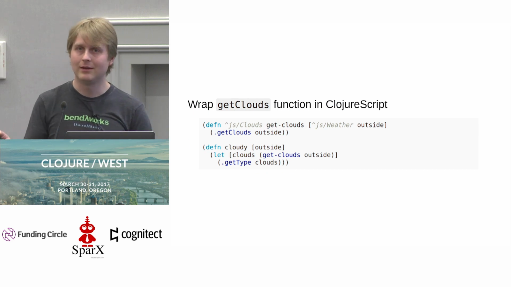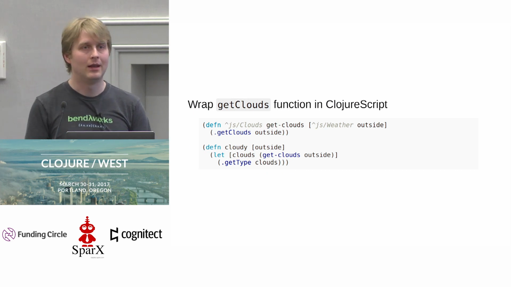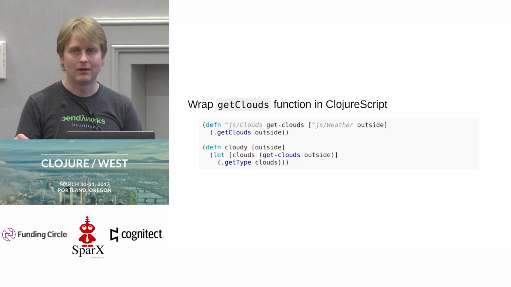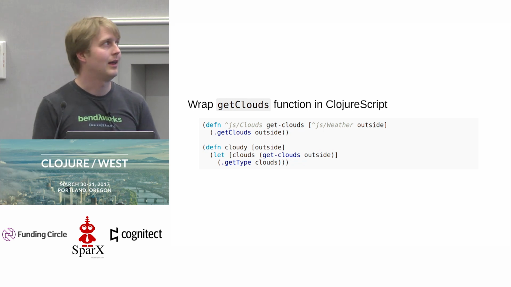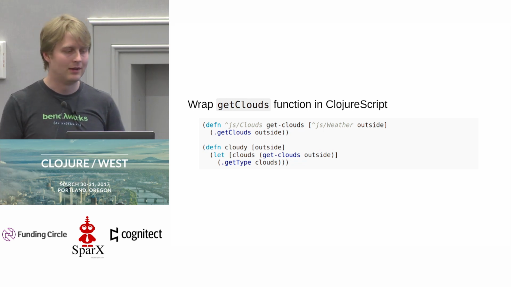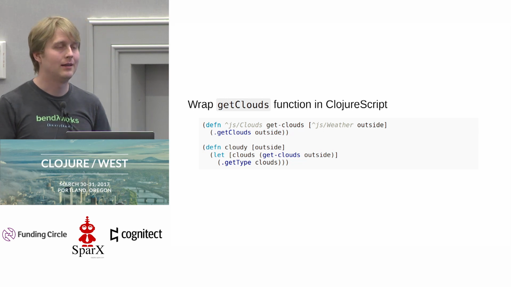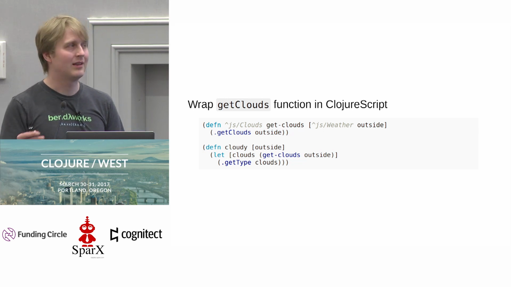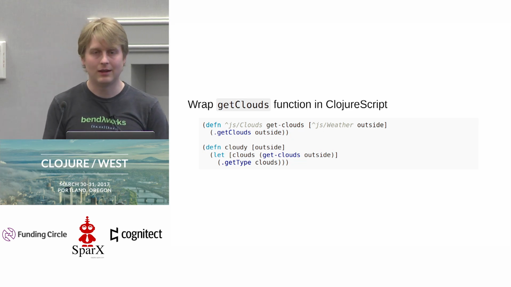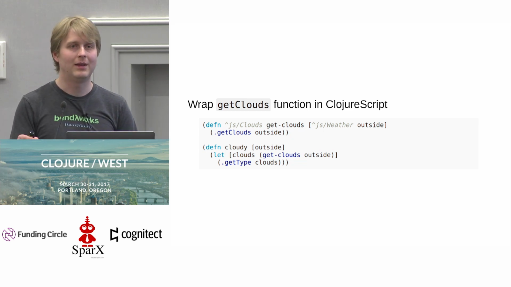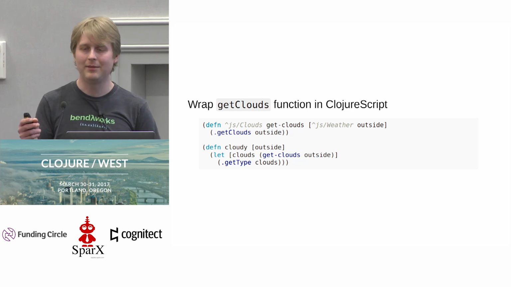So there's two ways to do this. We can wrap getClouds inside of a ClojureScript wrapper function and then type hint the return type of that function so that it is clouds, and then we can use this in place of directly calling the getClouds method on the object.